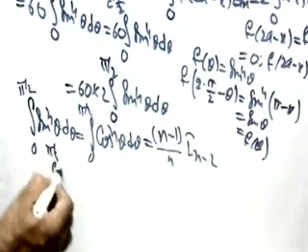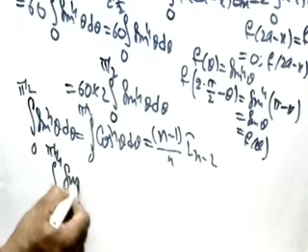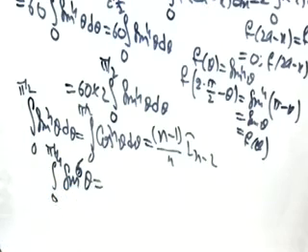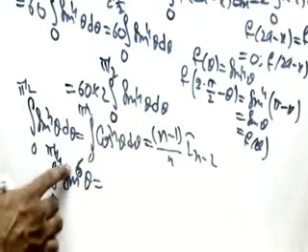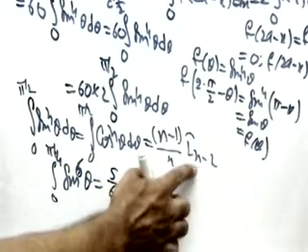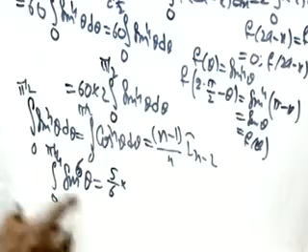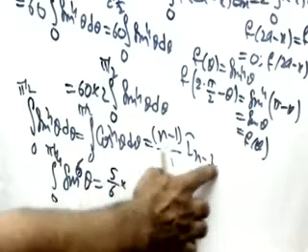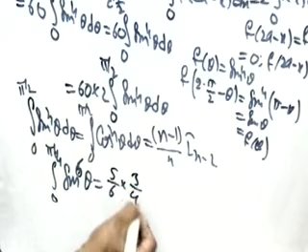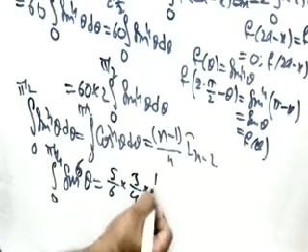So how to use this formula? Suppose we have integration 0 to pi by 2 of sine to the power 6 theta. N minus 1 by n: reduce this by 1, 6 minus 1 is 5 by 6. Now reduce by 2 again: n minus 2 means reduce by 2, so 5 minus 2 will be 3, and 6 minus 2 is 4.